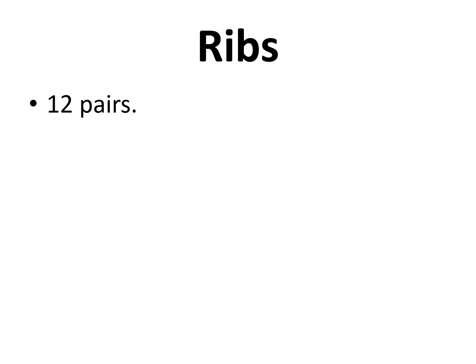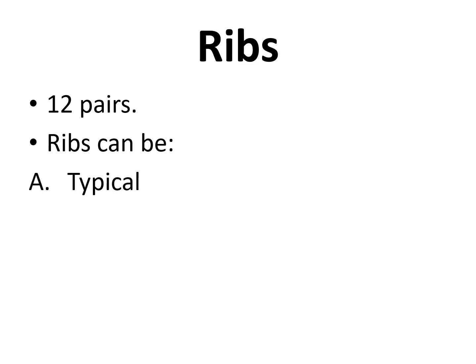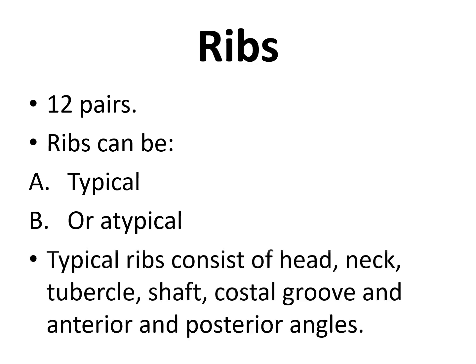Ribs: there are 12 pairs, right and left, and we usually divide ribs into typical and atypical. Typical ribs consist of a head, a neck, a tubercle, a shaft, a costal groove, and anterior and posterior angles.